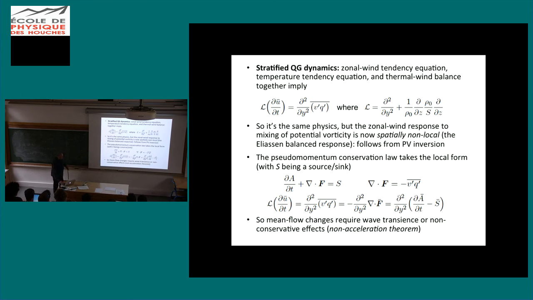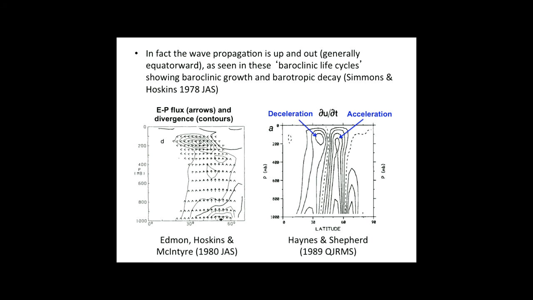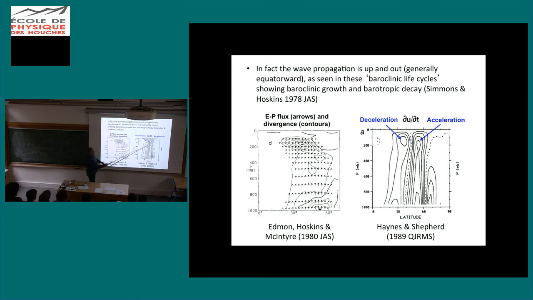So there are various geometric factors, and it might seem surprising to you that the wind changes here are not coming from this term, but from this term here. But that's just because it's an anisotropic operator. So it gives you a very deep response. And so this acceleration from the wave source region actually accelerates through the whole troposphere. And the deceleration in the sink region decelerates through the whole troposphere. So the response is very barotropic, just because of the aspect ratio if you transform coordinates.